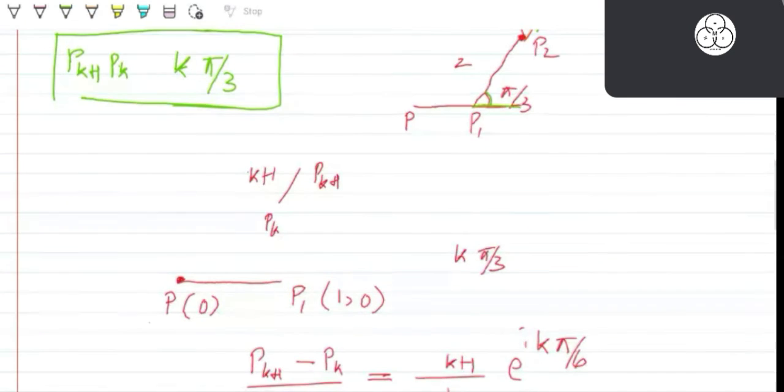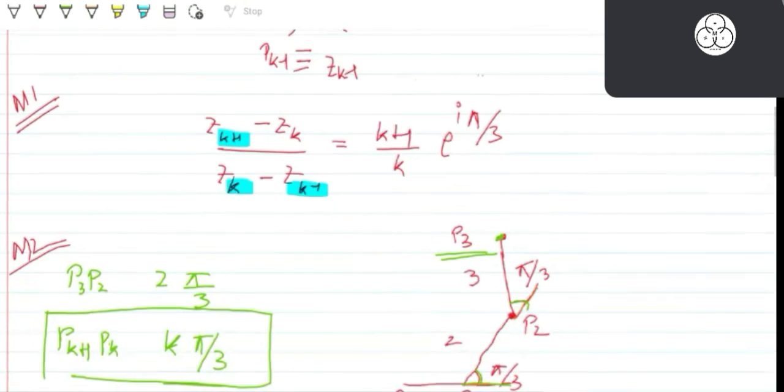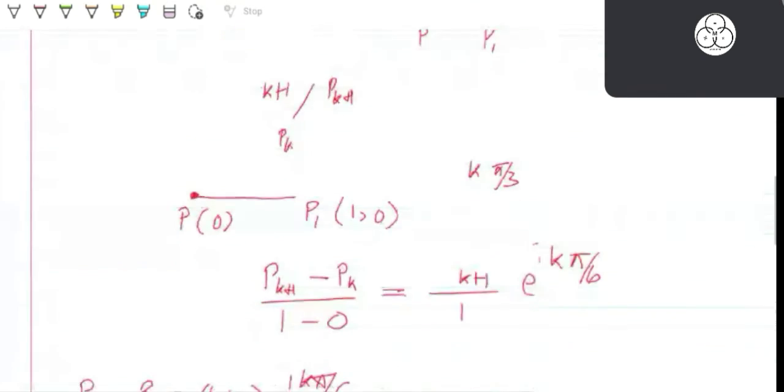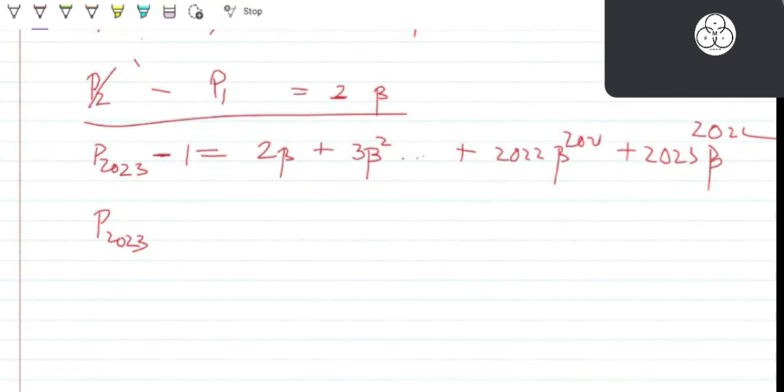Actually, in the earlier step we used Z, and here we replace the complex number with P only. We consider Pi or Pk as the complex number, so don't confuse that. So P2023 equals 1 plus 2 beta plus 3 beta square, and so on. You'll get the sum as 2023 beta to the power 2022, right? So we have the value of P2023, and we can easily find the distance between the origin and P2023. That's the modulus of the complex number, nothing else.